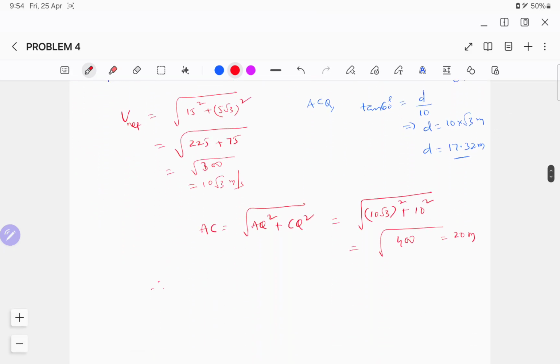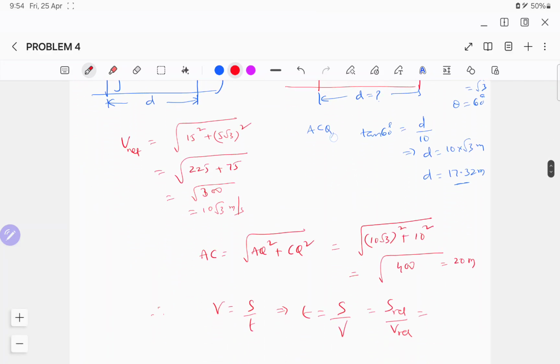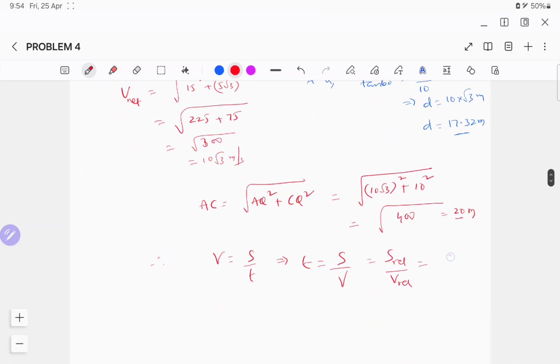So V equal to S by T is sufficient to calculate the time, T equal to S by V. The relative displacement to collide is the AC line length, which I got just now as 20. So 20 by the net velocity 10 root 3 gives the time taken to collide as 2 by root 3 seconds.